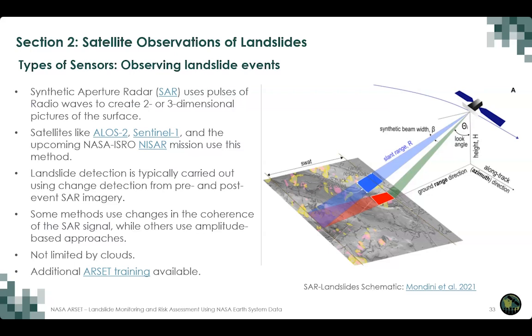But just in short, we can say that there are 2 different approaches in general. One is to use the change in the coherence of the SAR signal, that's the coherence between the radio waves that are sent out and returned. And then others use the difference in the amplitude, so essentially the amount that's received back at the satellite. And so this is a really novel method that's been highly effective in recent years, and we'll talk more about this in the later part of this training.